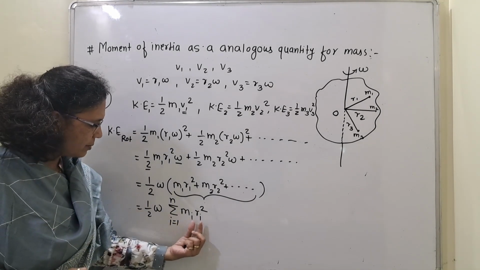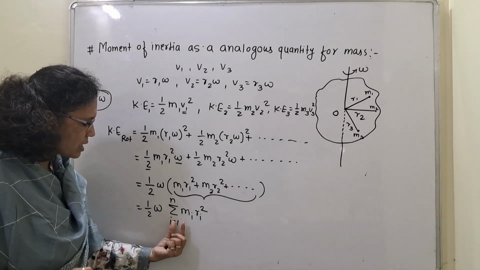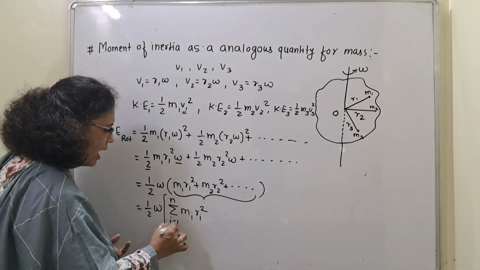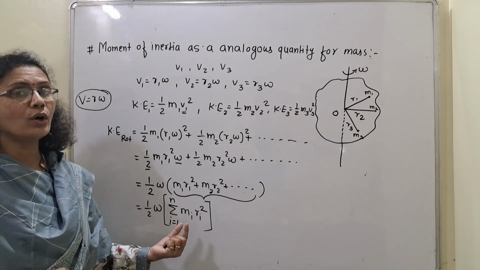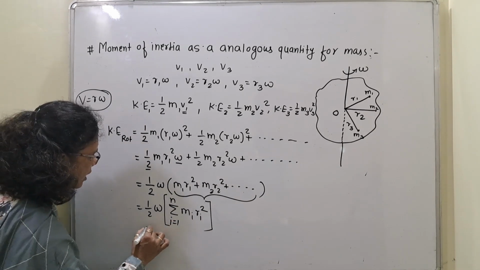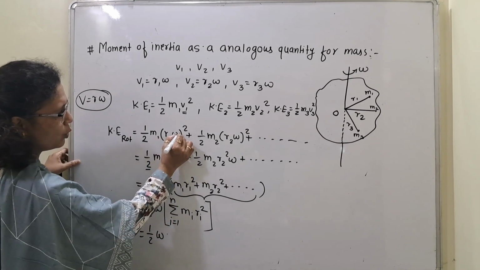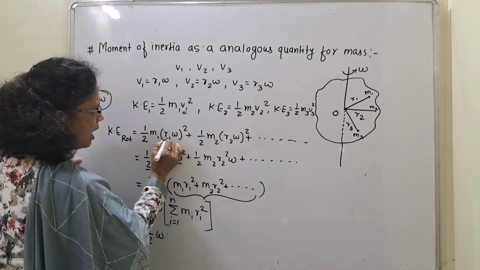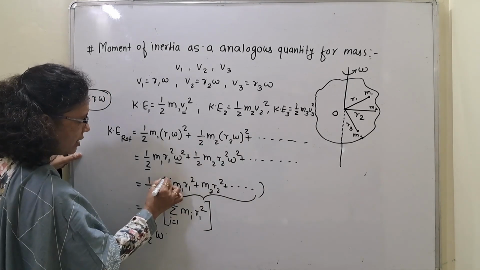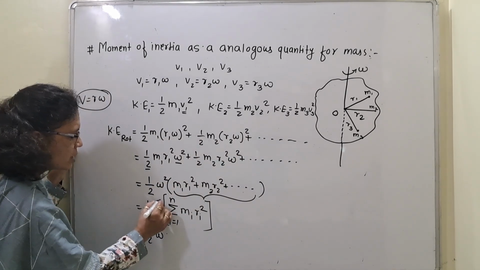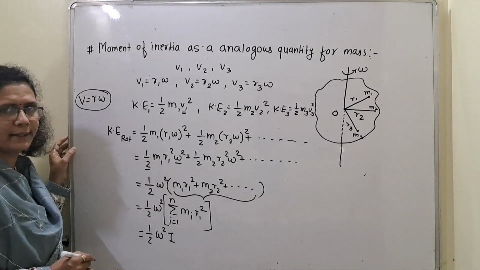And this term, summation mi ri square, is called the moment of inertia. Therefore this formula will become 1/2 omega square into I.